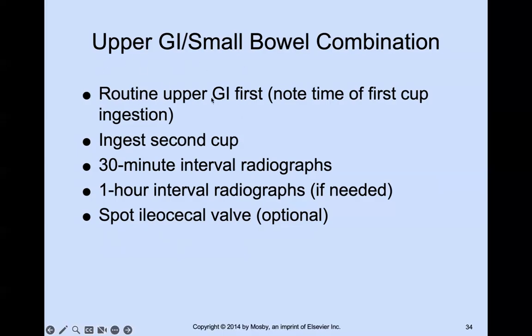It says routine upper GI first, and note the time of the first cup that is ingested. You want to make sure that you make note of that. Then the patient would ingest the second cup, a total of 16 ounces for everything, and then you take images at 15 to 30-minute intervals after that.